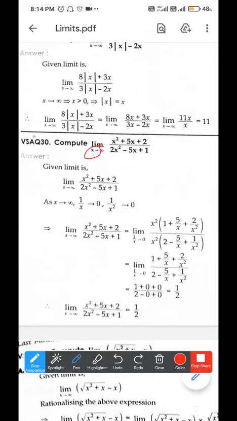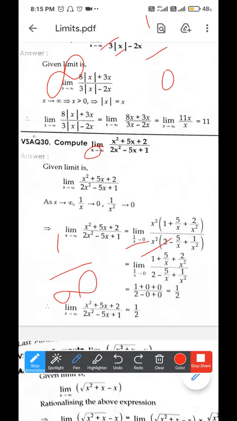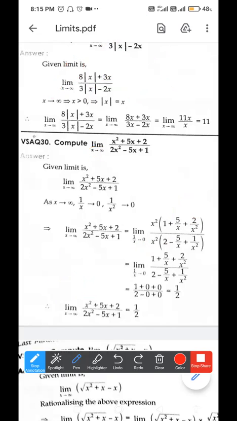Now, if x tends to infinity, what is 1 by infinity? 1 by infinity will be 0, right? If you send this to this side and this to this side, 0 is equal to 1 by infinity and 1 by 0 is equal to infinity. Did you understand this one?